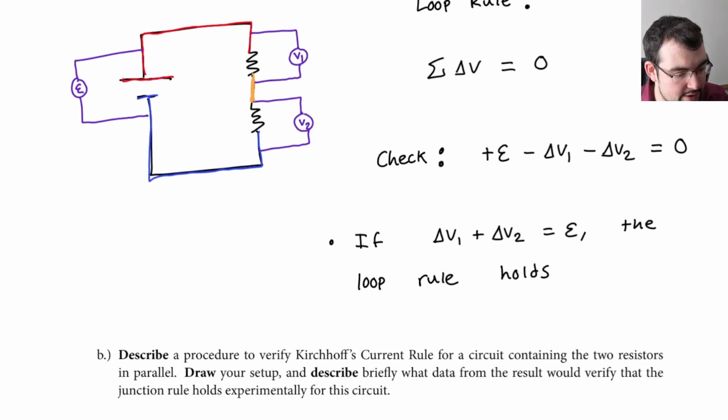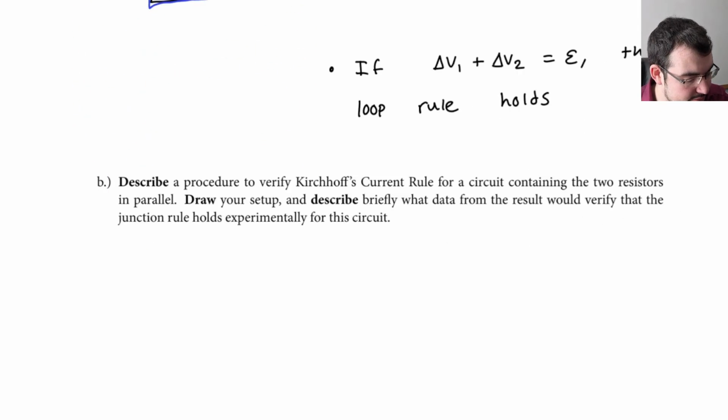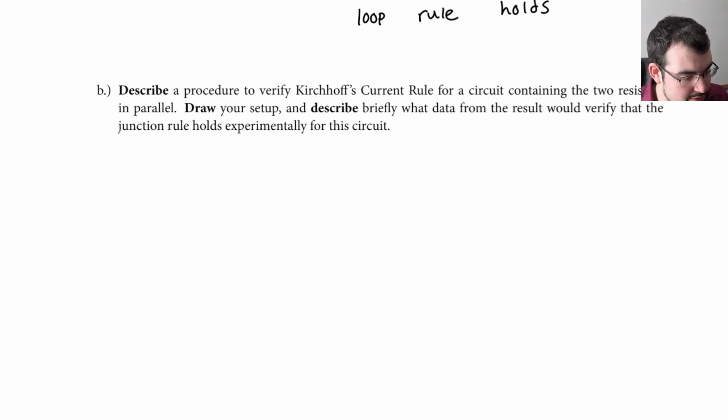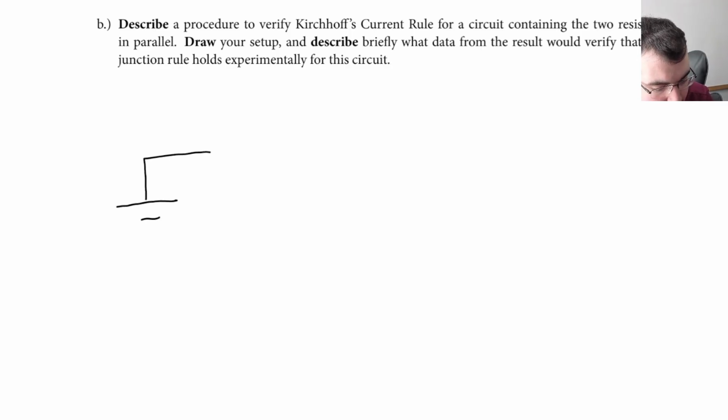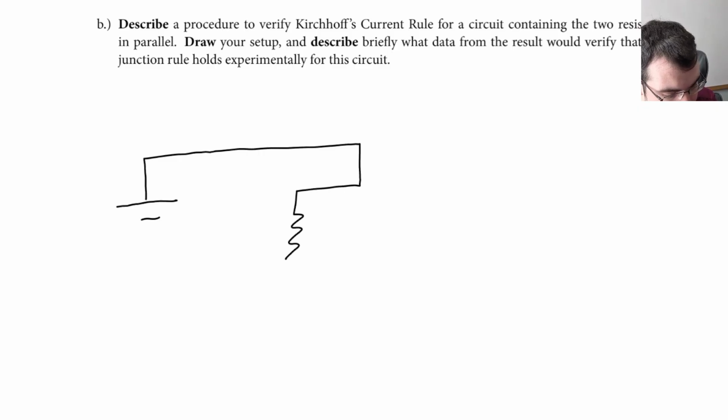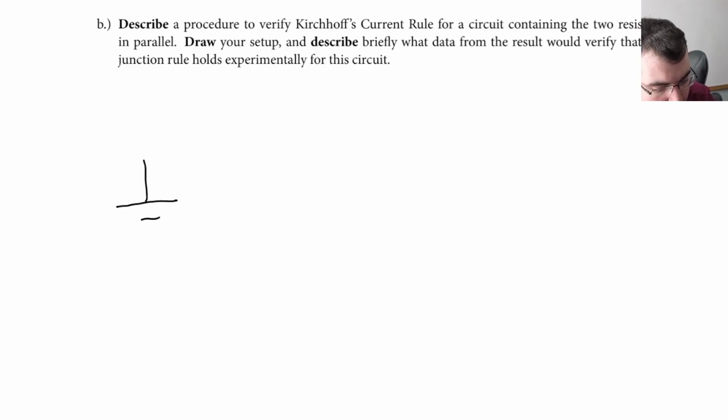All right, and then we have its sibling. Verify the current rule for the circuit containing two resistors in parallel. So to make it more clear what we're going to do here, I'm going to draw the parallel circuit in more lines than I typically would.